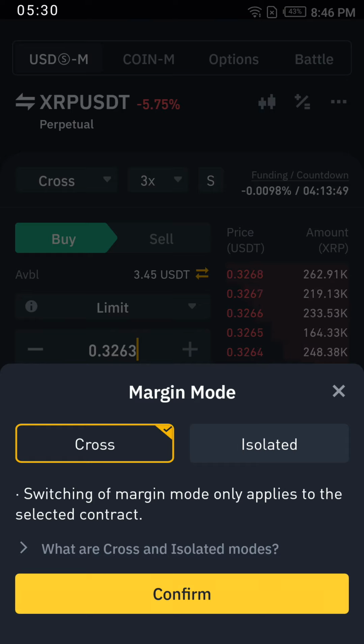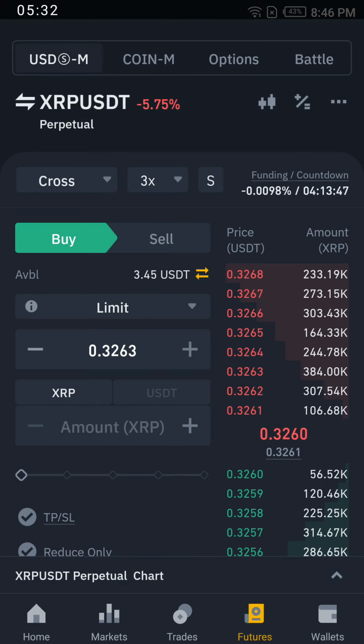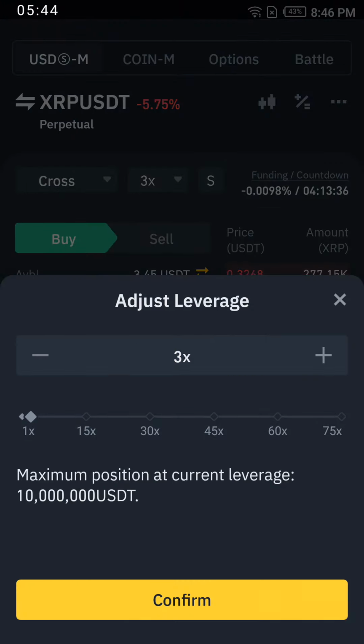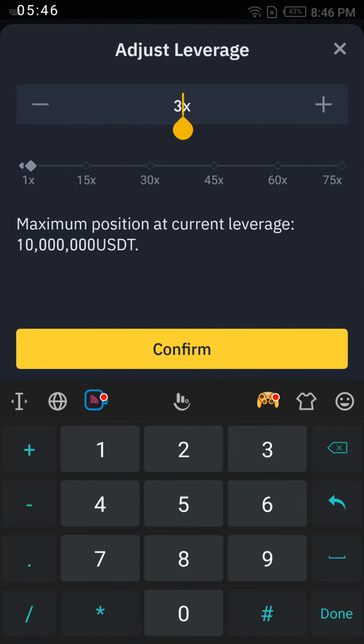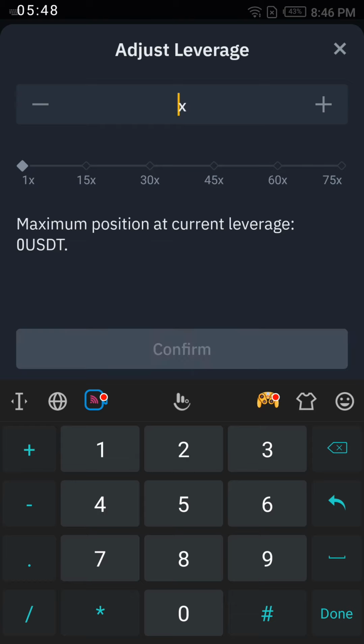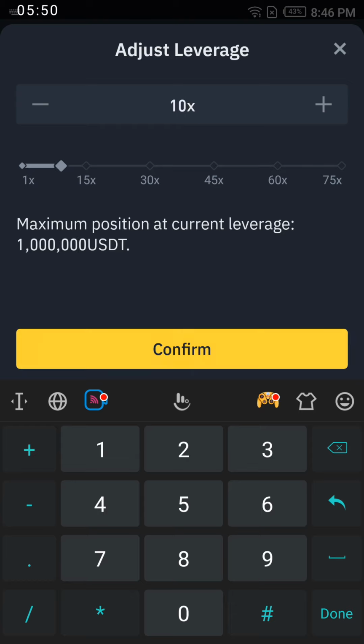So I click confirm. Then this place, 3x, is where you put your leverage. You click the flying arrow, it will open, and this is where you change your leverage. If I change it to 10 now, since I'm buying, if this market makes a positive move of 1%, I'll be making a profit of 10% of my total capital.